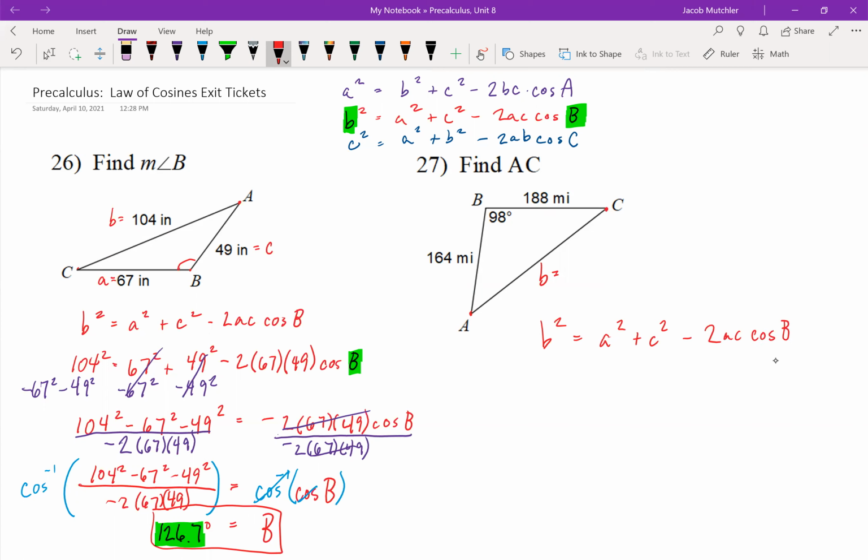And just to help again with the input substituting values in, I'm going to label my sides A, B, and C. We've got B already labeled, so opposite vertex A is side A, opposite vertex C is side C. And we'll fill in.